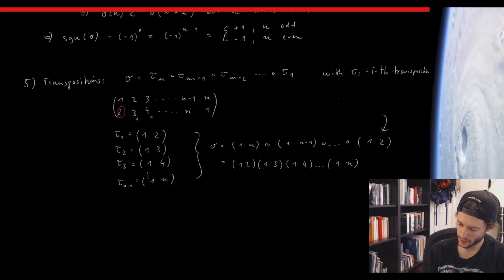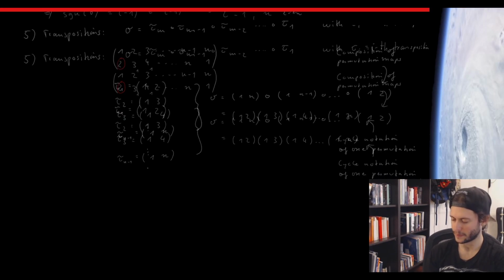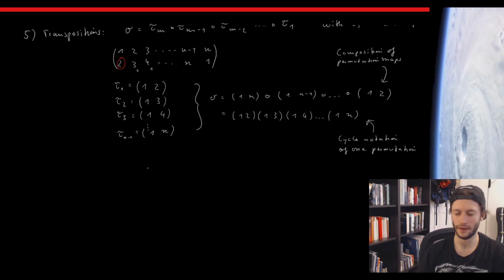So this is a composition of permutation maps. And this line is cycle notation of one permutation, but where all parts are transpositions. I hope that helps and doesn't confuse. If you want to, you can come up with any other transposition compositions. I'm fine with that for now.